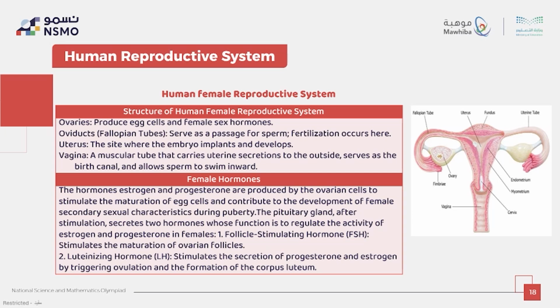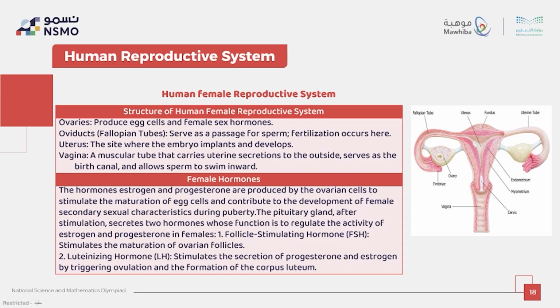Now let's talk about female hormones. We have estrogen and progesterone, and they regulate the menstrual cycle and develop female secondary characteristics. And we have FSH, it stimulates maturation of ovarian follicles.